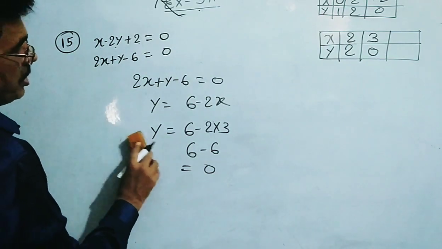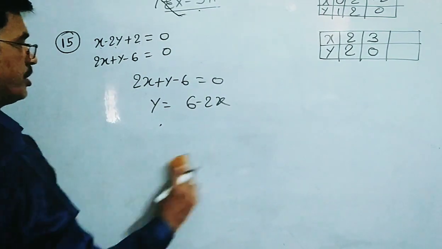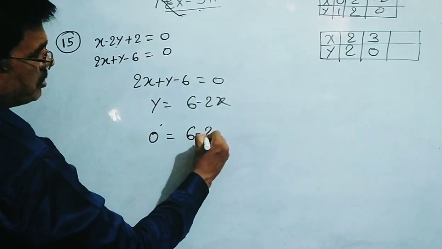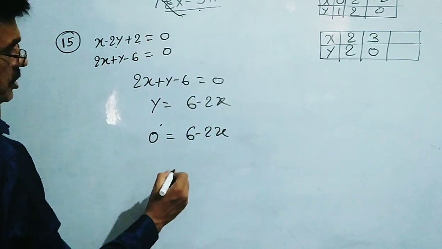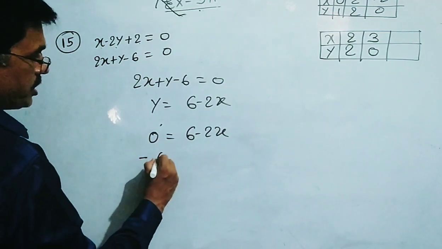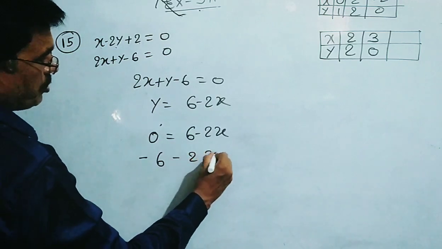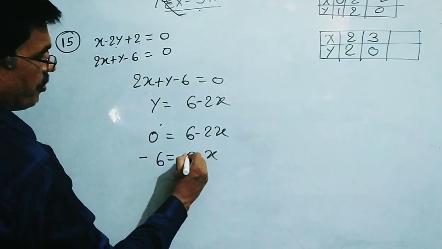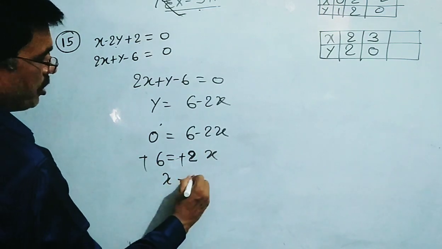Next, write if y is equal to 0, then what you get? 6 minus 2x is 0, so x is equal to 3.